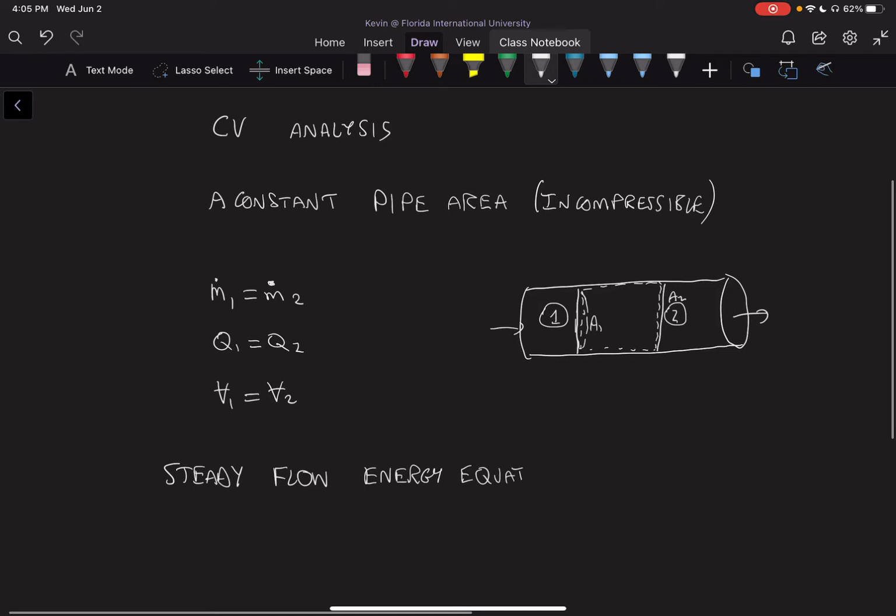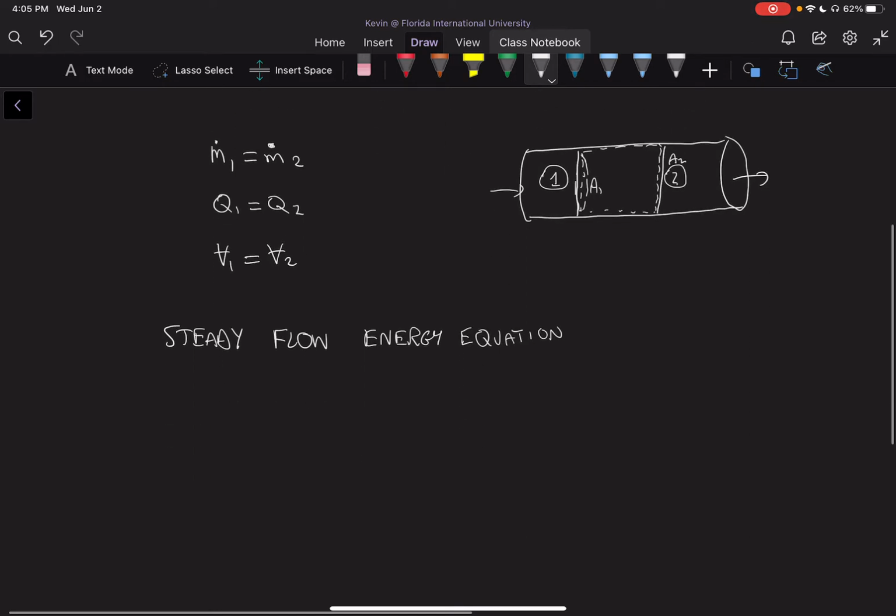And if we look at the energy equation, we know that the energy equation has the term with pressure, velocity, and height is equal to the term with pressure, velocity, and height plus the head of friction minus the head of the pump plus the head of a turbine. Okay, in this case, we don't have a turbine or a pump, so the equation would simplify to the following.